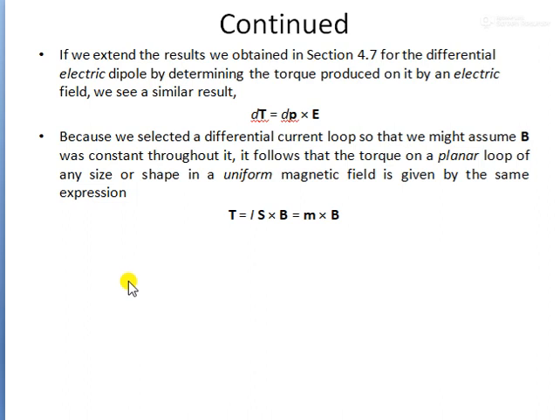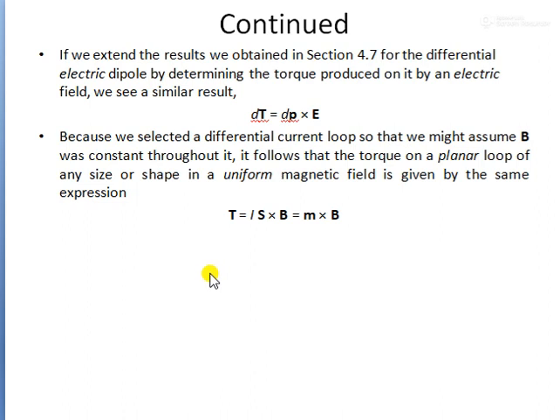So when the planar loop or coil is normal to the magnetic field, in this case the torque will be equal to 0.